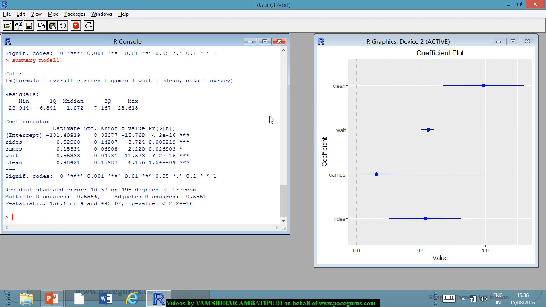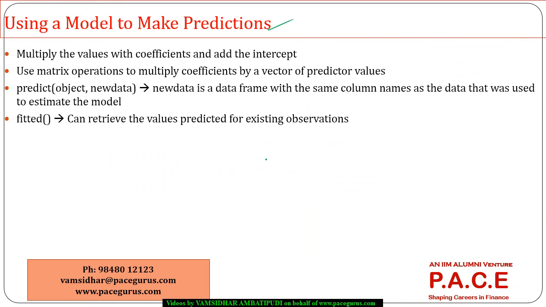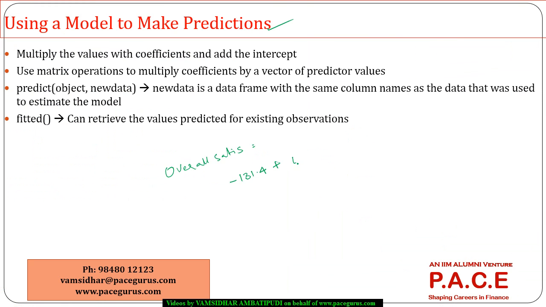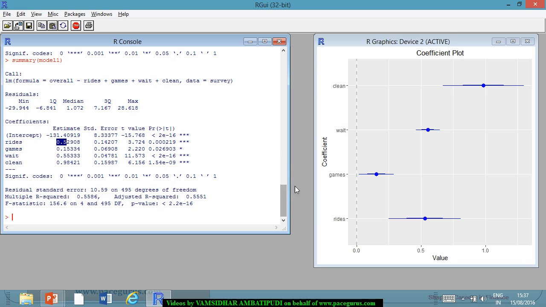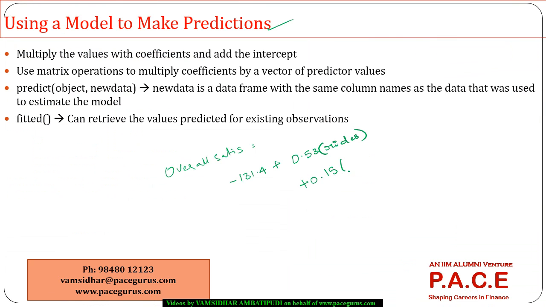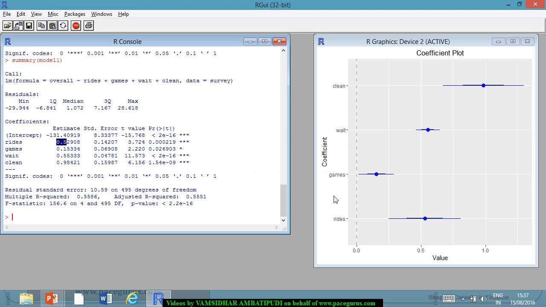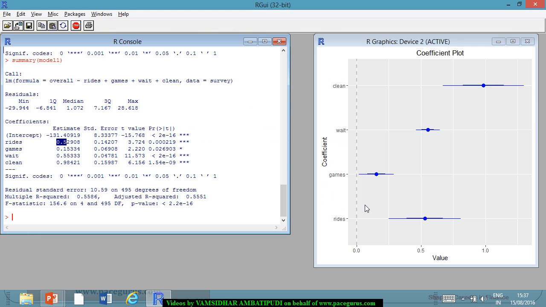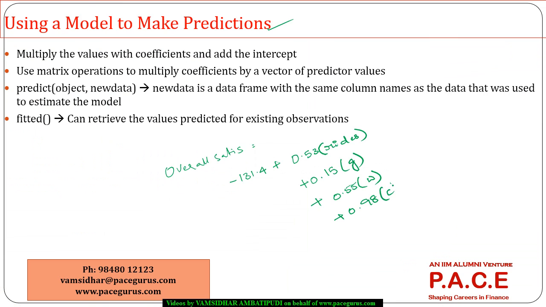So my equation is: overall satisfaction is equal to minus 131.4, I'm just taking it to one decimal, plus 0.53 times the satisfaction that they have given with respect to rides, plus 0.15 times the satisfaction with respect to games, plus 0.55 times the satisfaction with respect to waiting, and 0.98 times the satisfaction they have given to cleanliness.